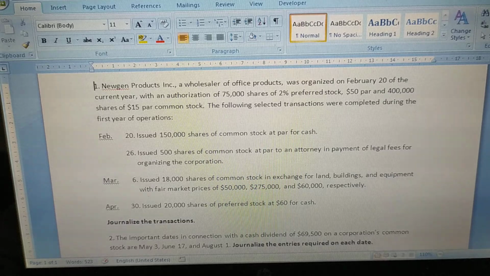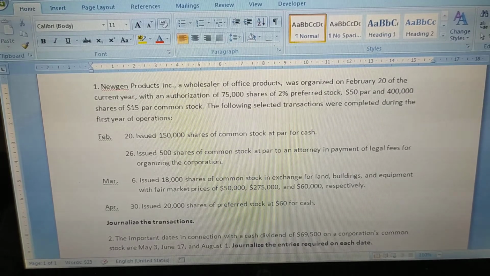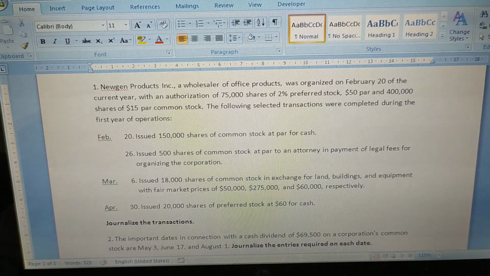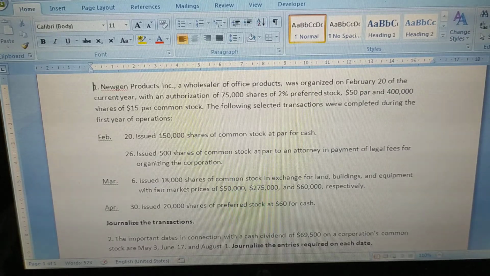Okay, so we discussed the week 9 assignment. Number 1, we are given the data about the preferred stock and the common stock, and then we need to do the journal entries for 4 dates. For February 20th, issued 150,000 shares of common stock at par for cash.